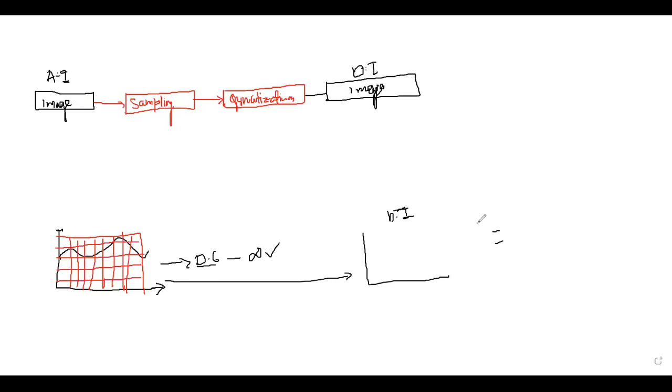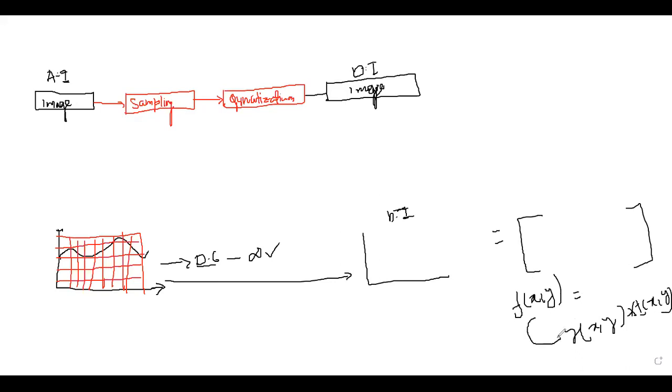Now, as you already have discussed, any digital image can be represented in a matrix format. It is represented mathematically as f of xy, which is further elaborated into r of xy, your spatial coordinate, and I of xy. That means your f of xy contains two terms.